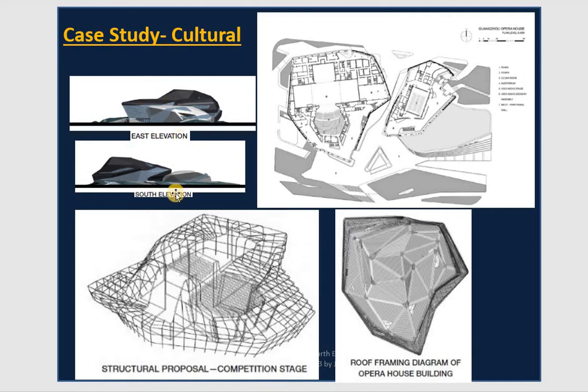So you can see different elevations. When they start the model, you cannot think this is a building. It looks like a rock, or some kind of angle. It's not geometry. That's the culture.